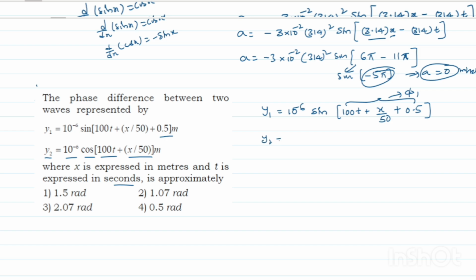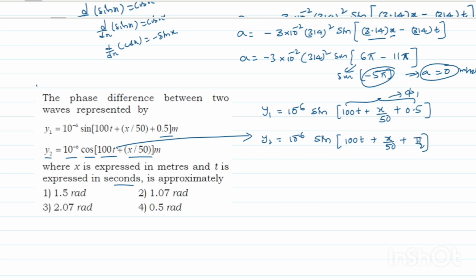And y2 is given as 10 power minus 6 cos. Here the cos function you just rewrite as a sine function. It's nothing but sine (90 plus theta) gives cos theta. So I am rewriting the equation as 100t plus x by 50 plus pi by 2.